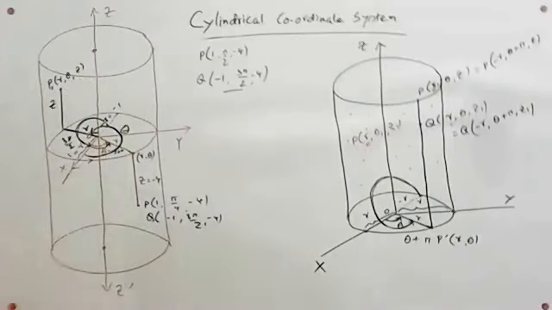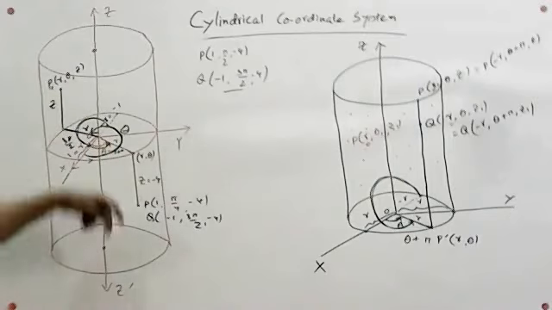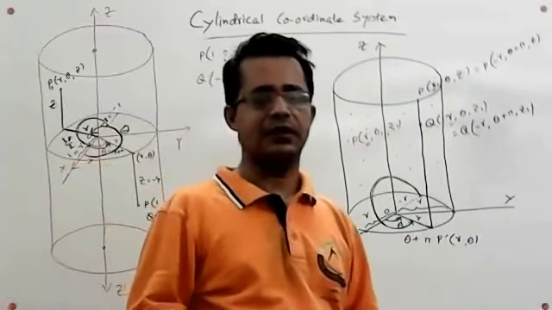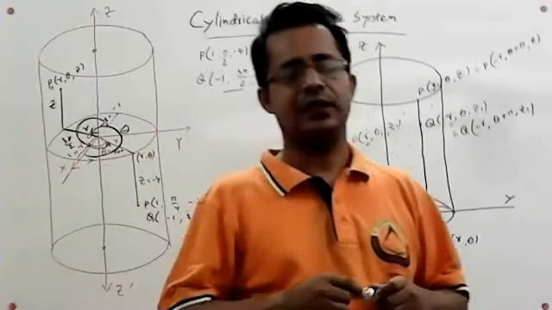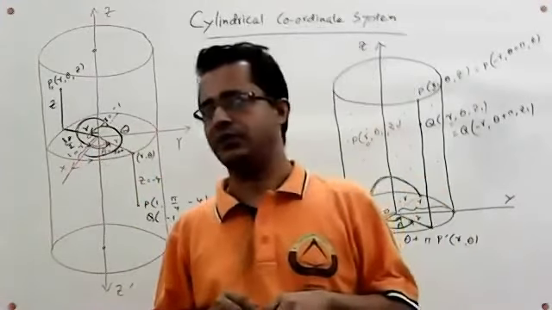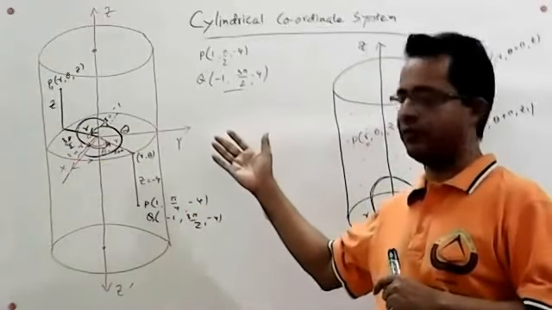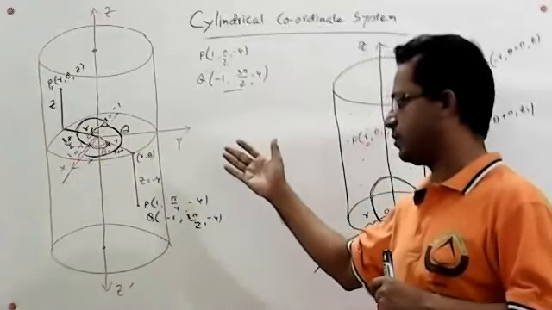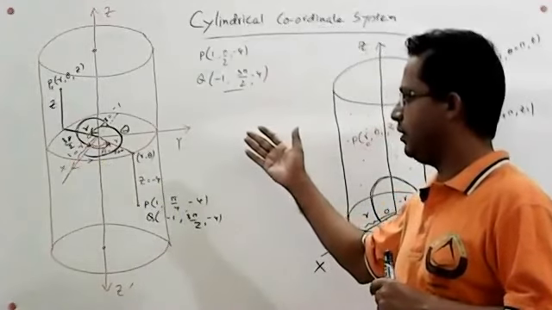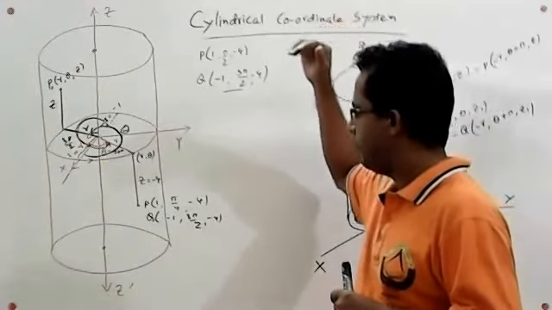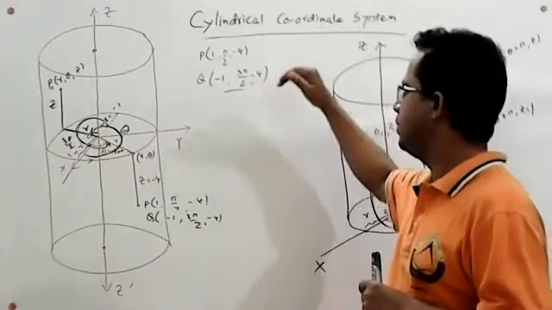So in this procedure, we can find out the location of a point anywhere in this cylinder, and in both cases we have to draw such a cylindrical structure, and then we will be able to find out the location of a point.